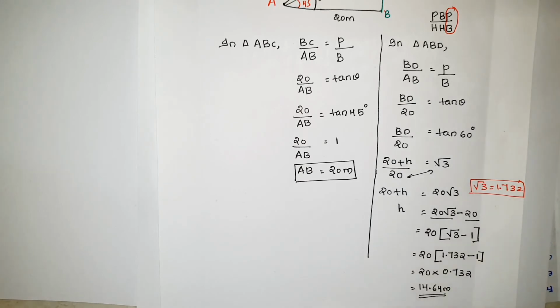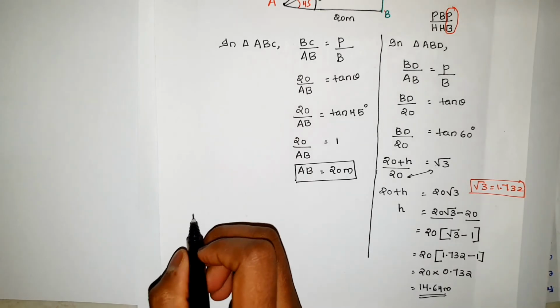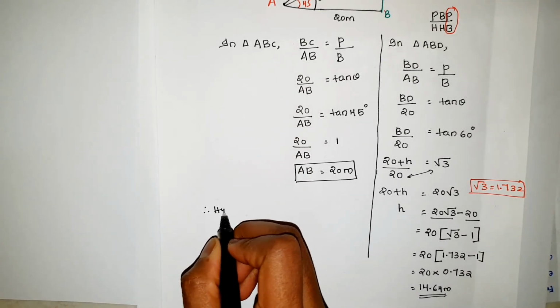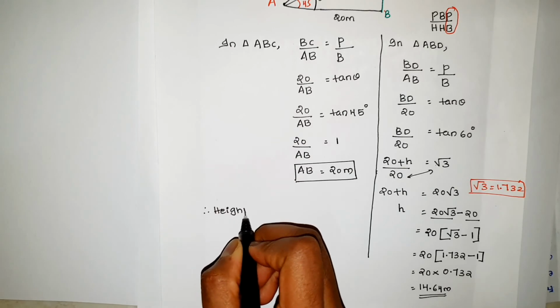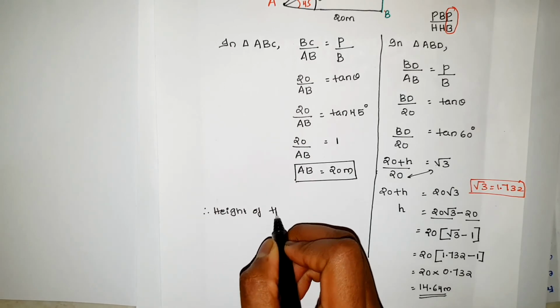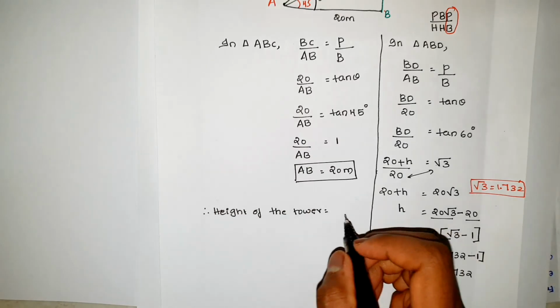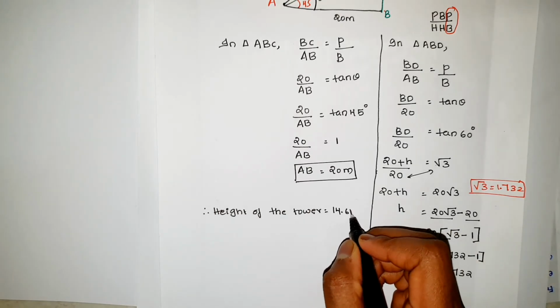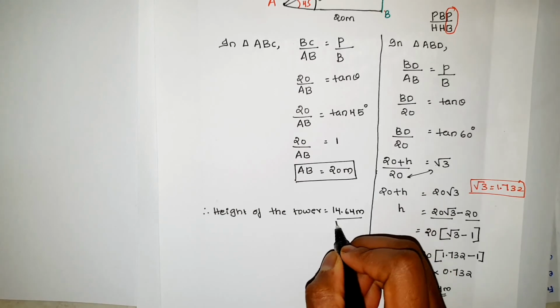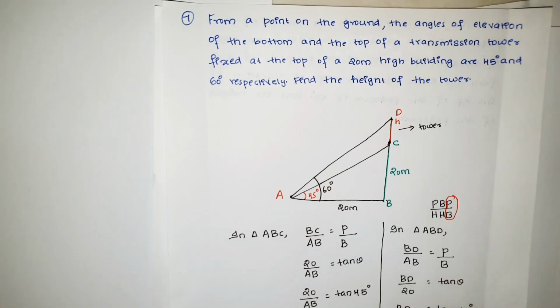Okay, so this is the value of H. Value of H means this is the height of the tower. Therefore, height of the tower is equal to 14.64 meter.